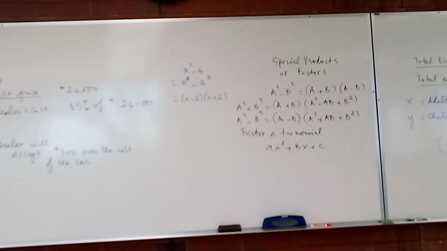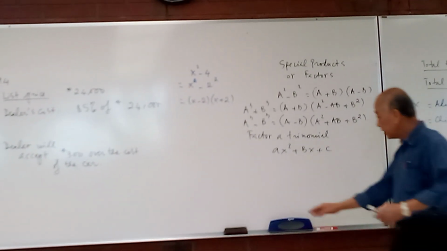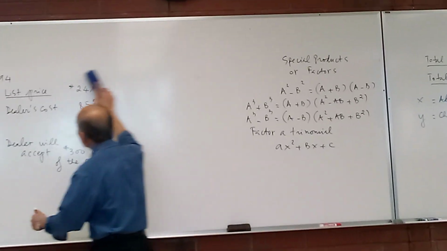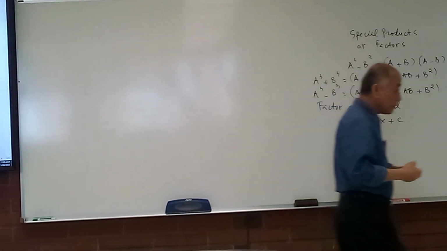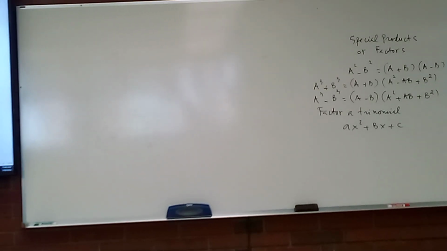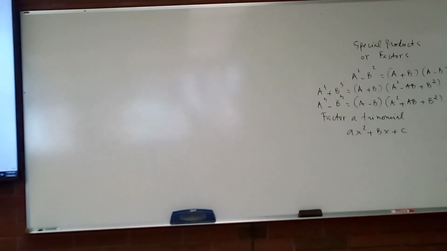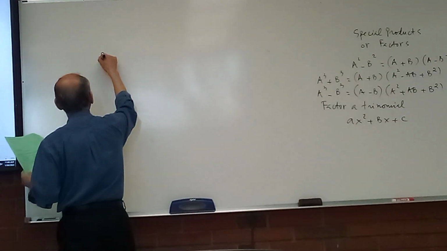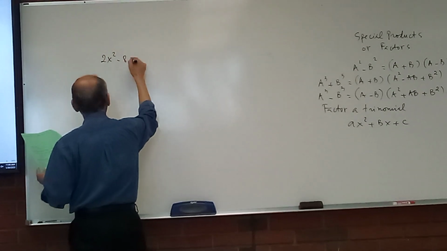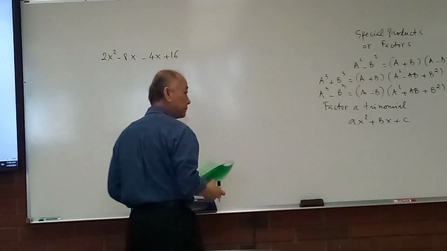So now I have to write it out on the board because I cannot write on the TV screen. X squared minus 8x minus 4x plus 16.